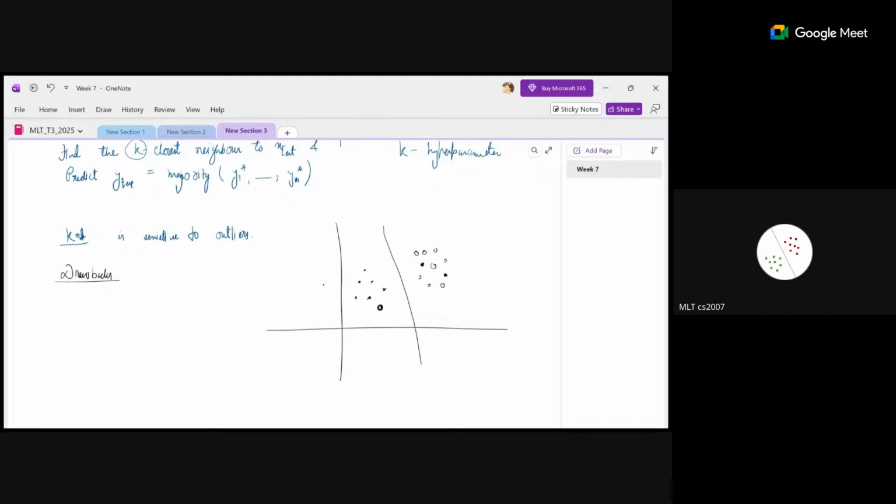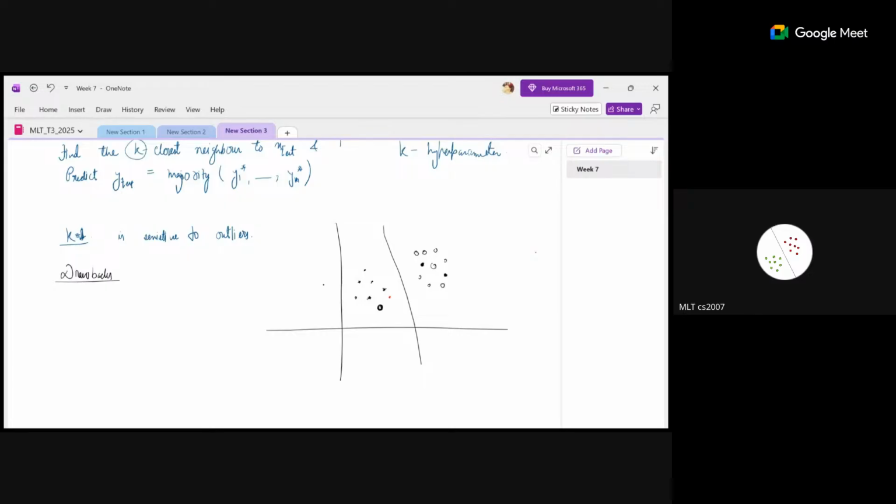Yes, ma'am. But what happens in this case is, let's say I'm using k equal to 1. Then every data point, let's say this is my test data point.